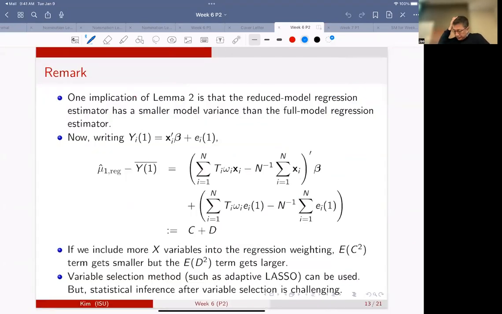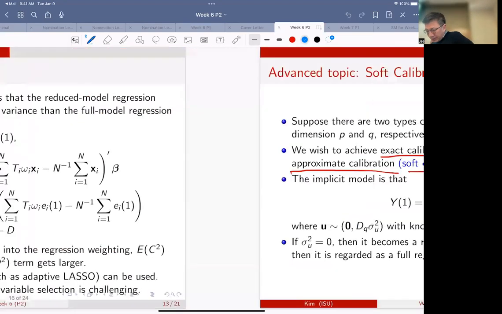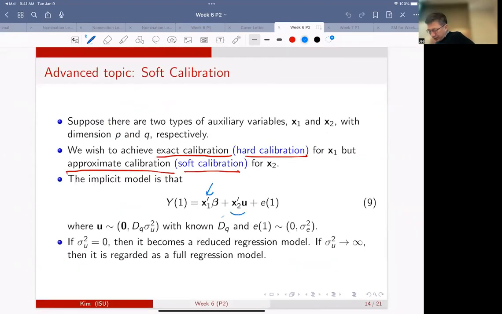And then we discussed the soft calibration, right? With soft calibration, we want to achieve hard calibration on X1 and soft calibration for X2. If X2 is a fixed effect, then we are essentially using the full model, right?